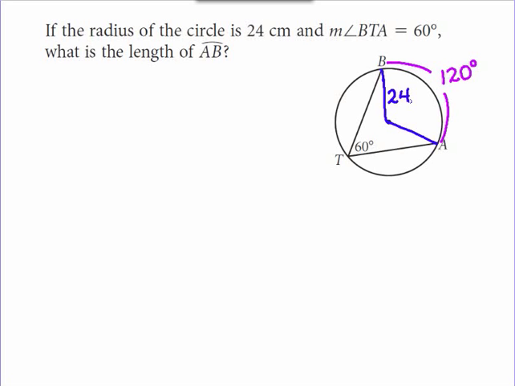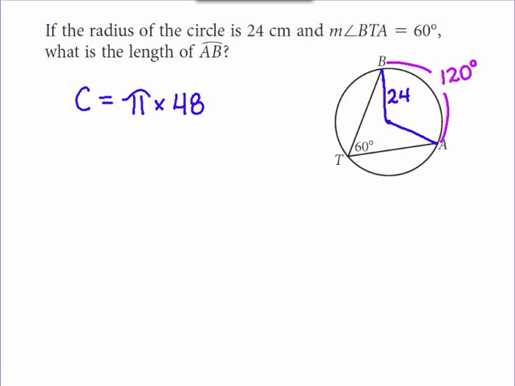So to find the length of BA, what I'm going to have to do is find the circumference of the circle, and then take it times 120 divided by 360. So the circumference is pi times the diameter. What's the diameter if the radius is 24? 48. Okay, so far so good.